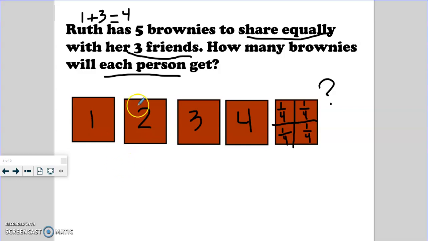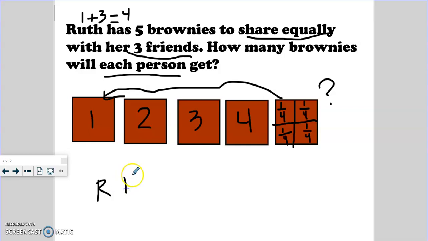So, Ruth would get 1 and 1/4 pieces of brownie. Her friend would get 1 whole and 1/4 piece of brownie.